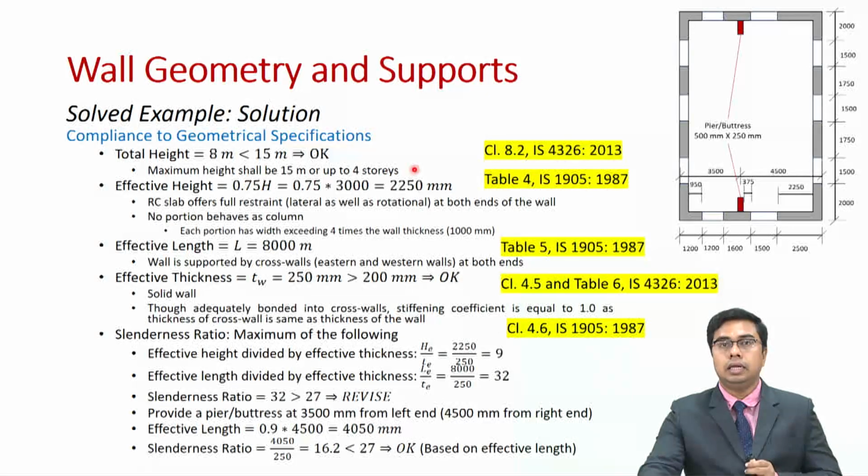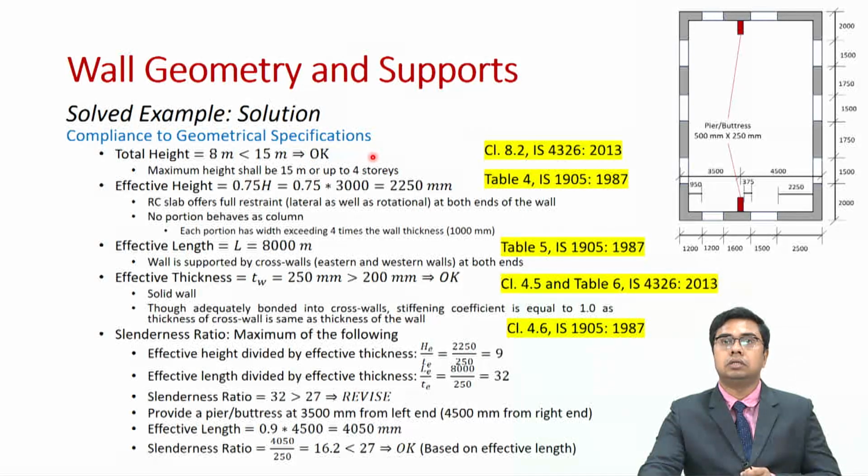Further, in seismic zone 5, where your building category has to be E, your building height is restricted further up to 3 stories only. But in case of this example problem, where the construction is happening in zone 4, we can go up to 4 story height or up to 15 meters in height. In our case, the total height is 8 meters, which is less than 15 meters.